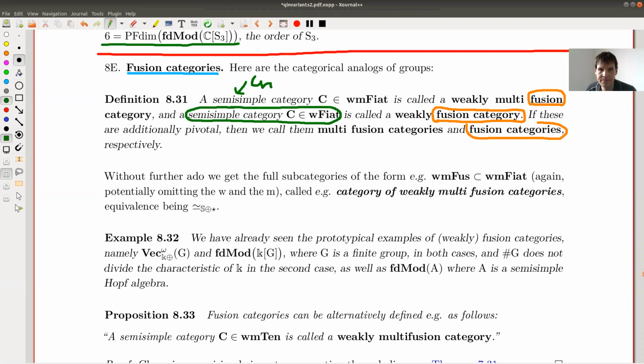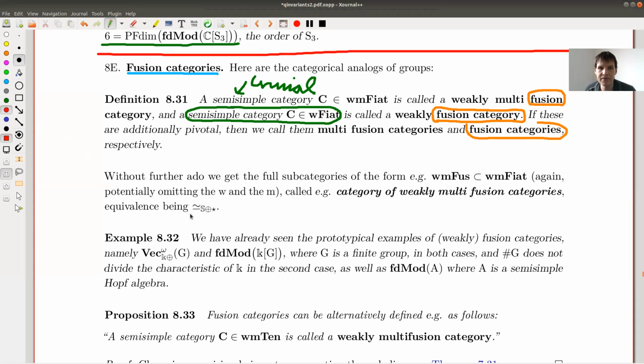It's semi-simple and has all the structures you would think a diagram category should have: it's pivotal, it's monoidal, and it's also K-linear and so on.